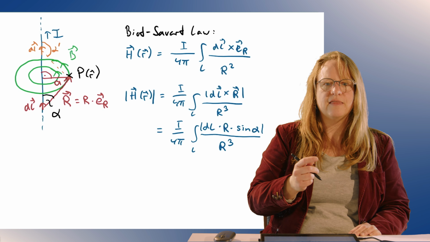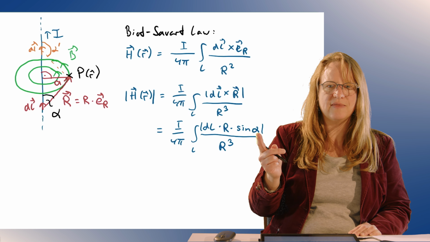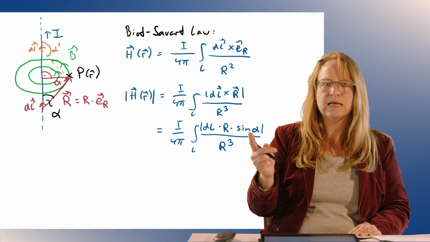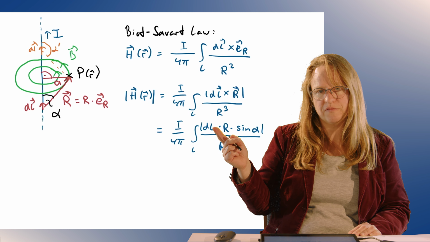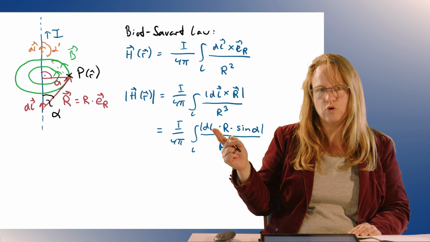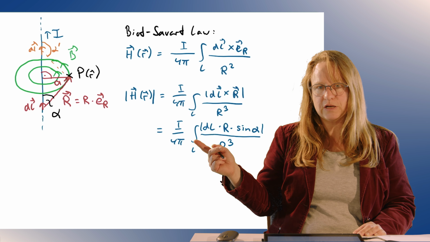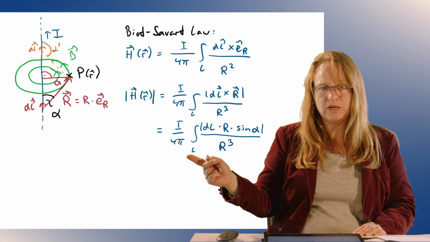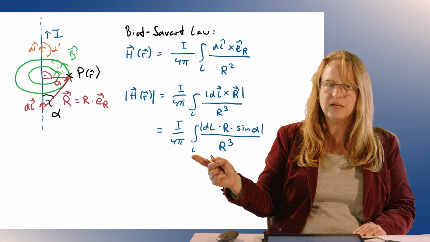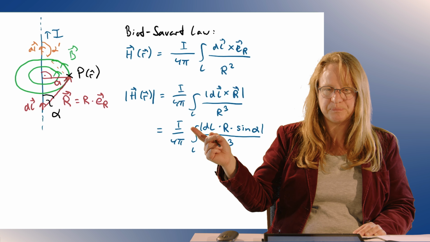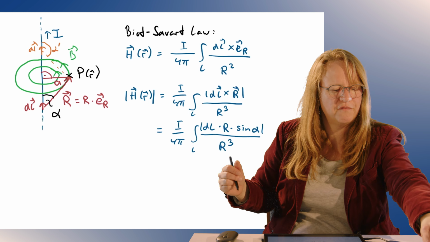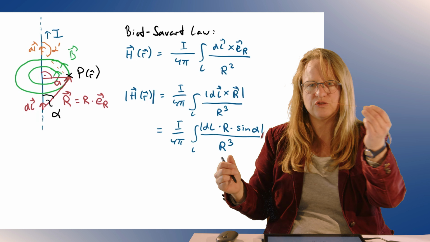So that means that both R and alpha are not constants, but they depend on the position of what we are integrating at the moment. Also, for the infinitely long fiber, we are going to integrate the length from minus infinity to infinity, while for the finite piece of fiber afterwards, we are going to consider only part of the length.